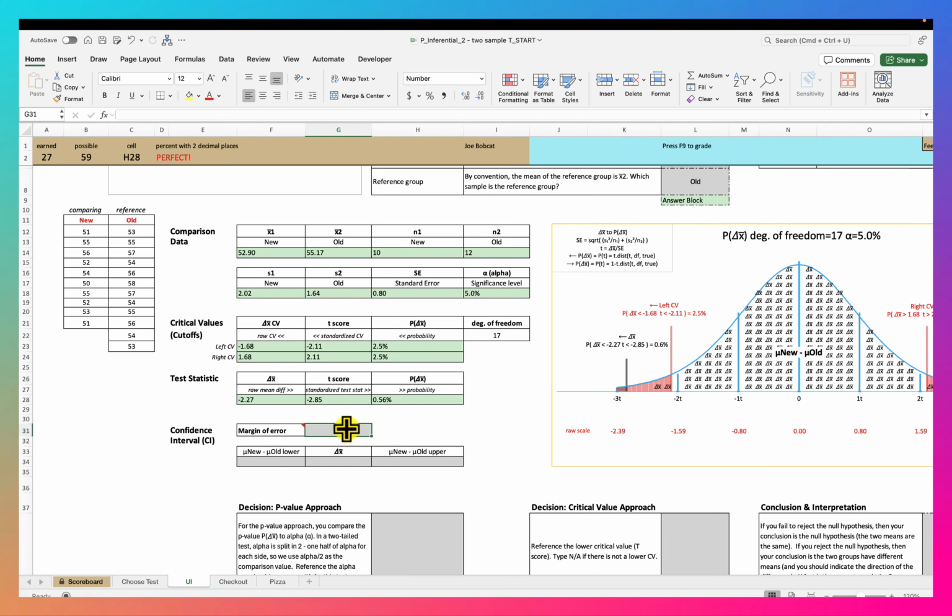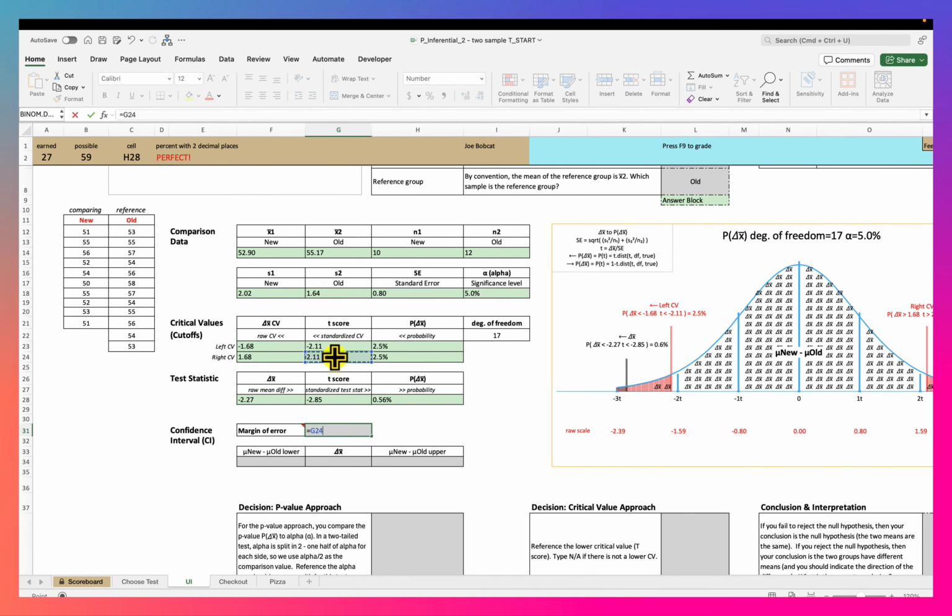All right, now let's go with our margin of error. Remember the formula here. Margin of error, t dot inverse 1 minus alpha divided by 2. So that's effectively the right hand on a two-tailed test. It's the right hand value. So we know it's going to be this guy, so we can just use it.